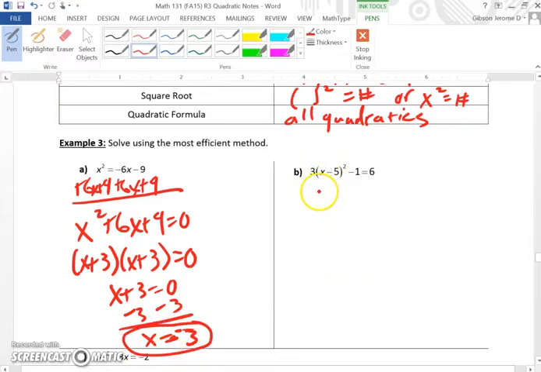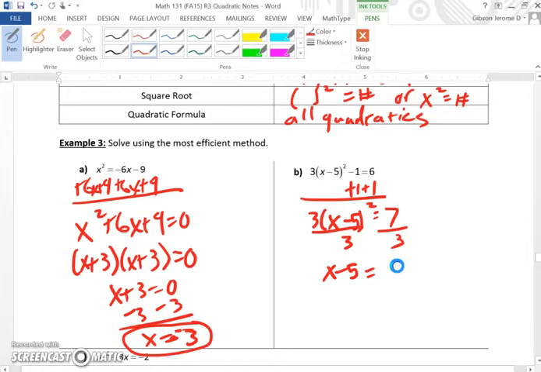Now we go here to the next problem. We add 1 on both sides. We add 3 times x minus 5 in parentheses squared equals 7. Now we can divide each side by 3. And x minus 5 in parentheses squared is equal to 7/3.